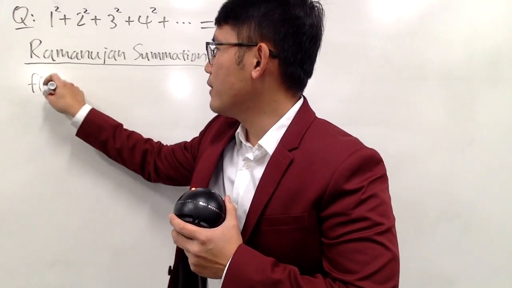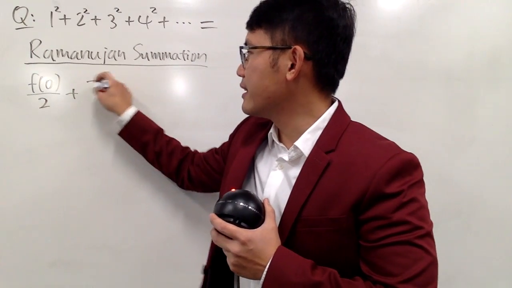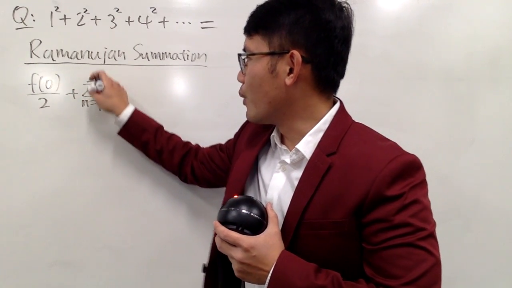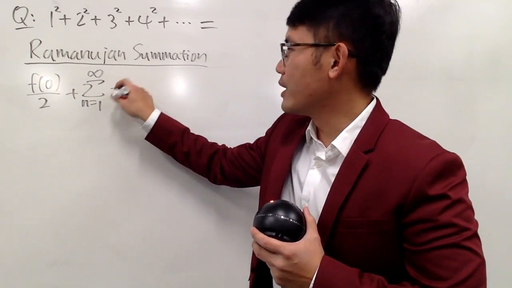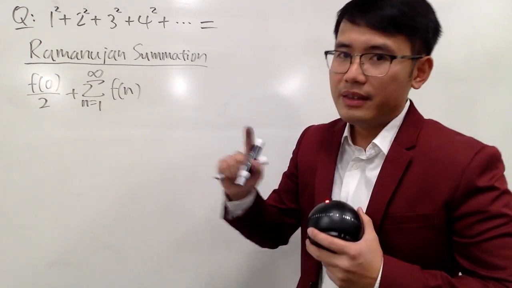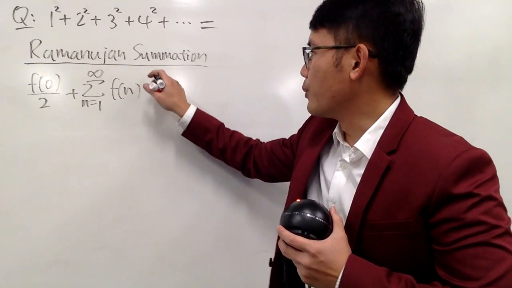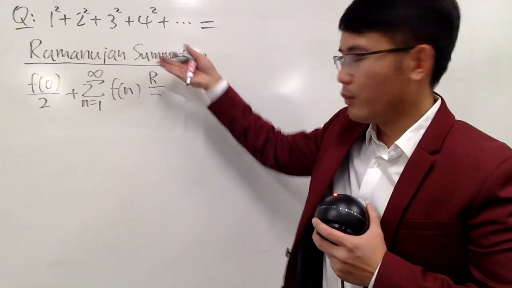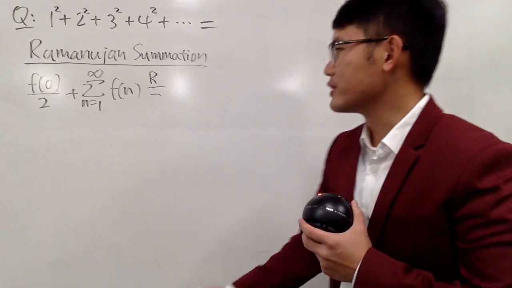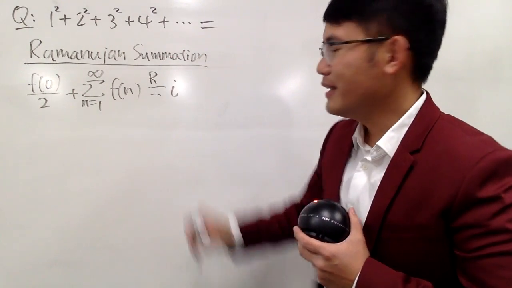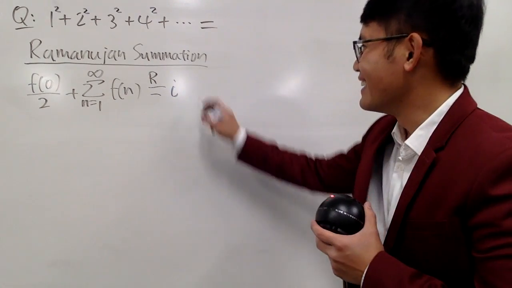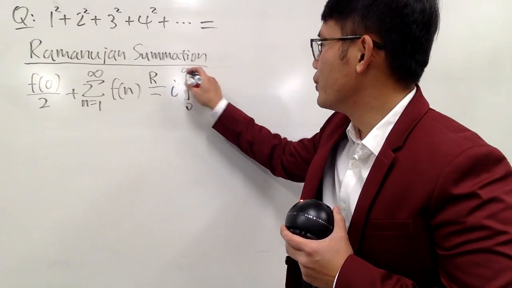First of all, you have f of 0 over 2, and you add the sum as n goes from 1 to infinity, and right here you have f of n. This right here, I'll write down equal with the R on top, thanks to Ramanujan, of course. This is equal to i, yes, the complex number i, and then the integral from 0 to infinity.